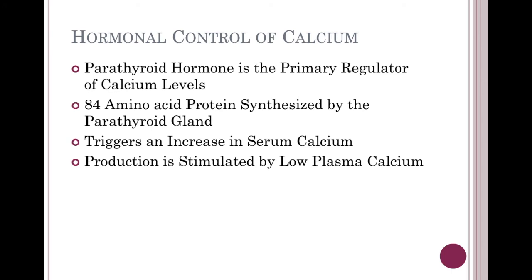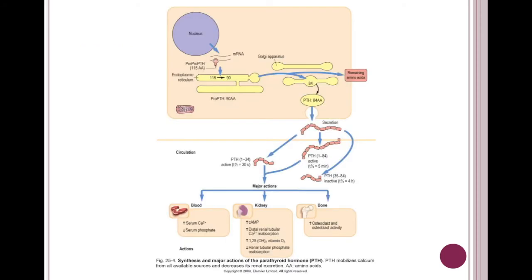Parathyroid hormone is a primary regulator of calcium levels and also of bone resorption. It is an 84 amino acid protein. It's synthesized by the parathyroid gland, and it triggers an increase in serum calcium, and its production is stimulated by low plasma calcium. So basically, as the blood calcium gets lower, it stimulates the production of the parathyroid hormone. And the parathyroid hormone is secreted as an 84 amino acid protein.